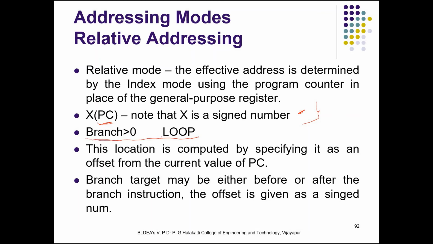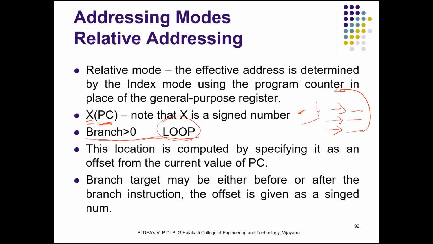So whenever I am performing branch greater than 0, it is going to compute PC plus X. Now the branch target, that is loop, will be decided on the value of X. Since PC will always be pointing to the next instruction in straight line sequencing, but if I want to bring the execution back to some label, then it will be decided on the basis of the value of X. So the branch target may be either before or after the branch instruction, and the offset is given as a signed number.